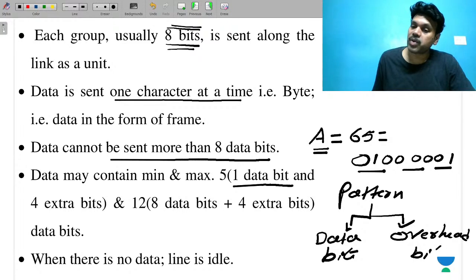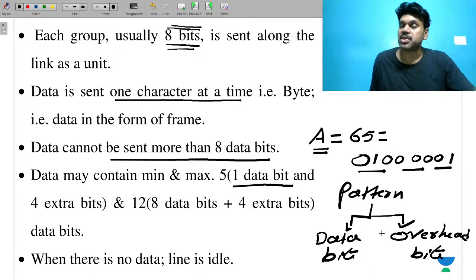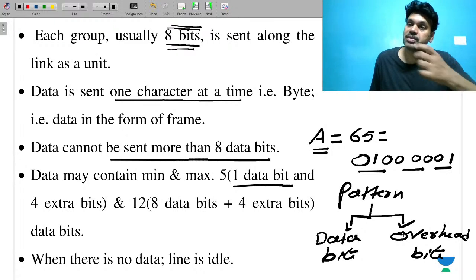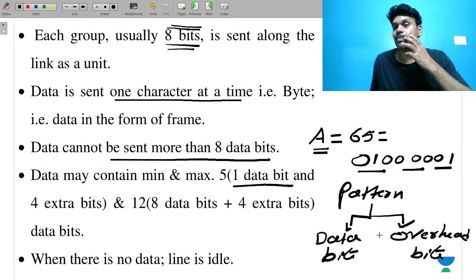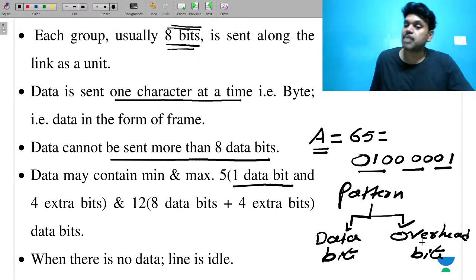Because I am not providing any synchronization timing signal to the receiver, so I am constructing a pattern. A pattern consists of a start bit, parity bits, and stop bits. These bits come under overhead. I am sending extra bits. How many extra can you send? That depends upon the examiner's wish. In general, there are 4 extra bits.